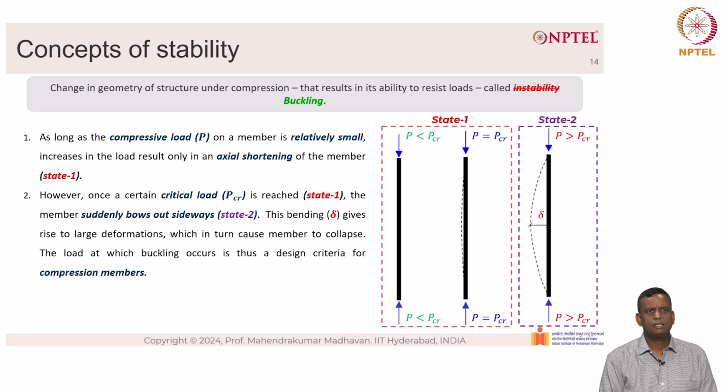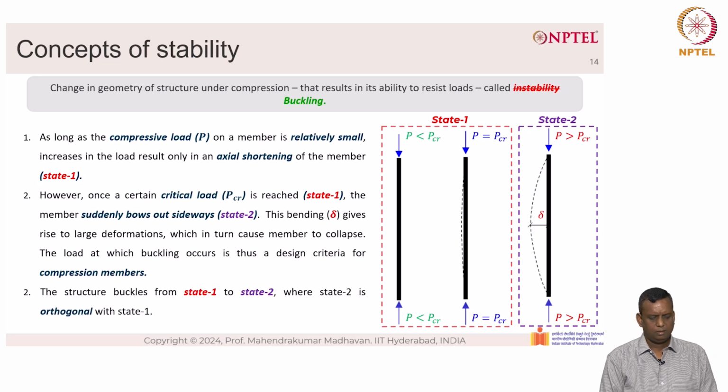However, once a certain critical load P critical is reached, the member suddenly bows out sideways, which is stage 2. This bending leads to large deformations, which in turn cause the member to collapse. The load at which buckling occurs is thus a design criterion for compression members. The structure buckles from state 1 to state 2, where state 2 is orthogonal to state 1.